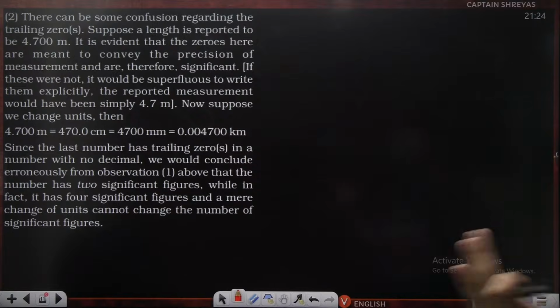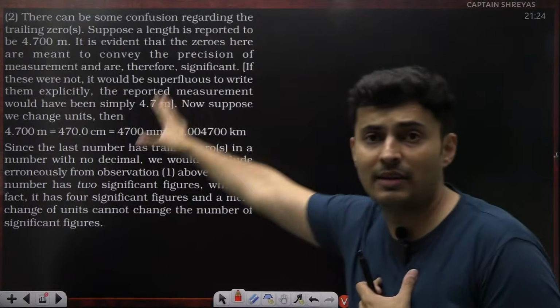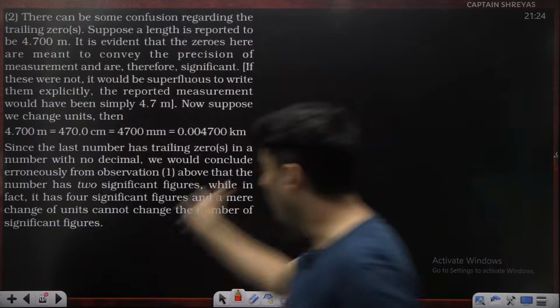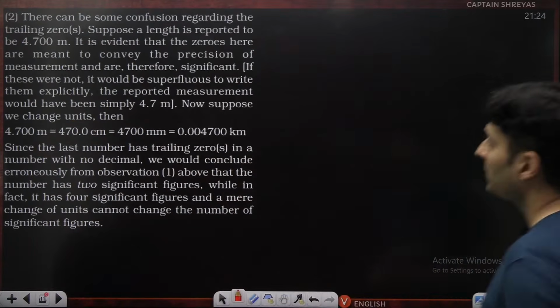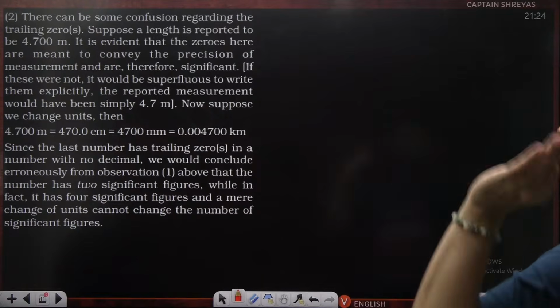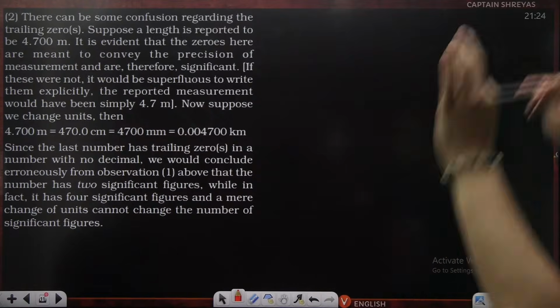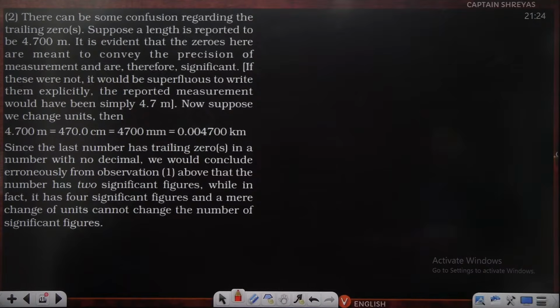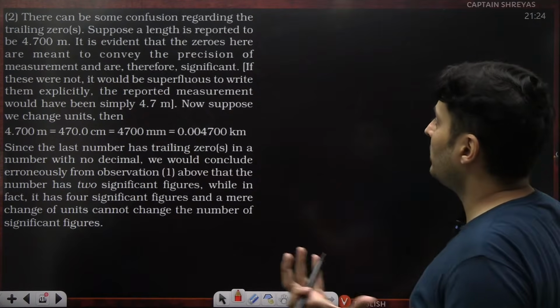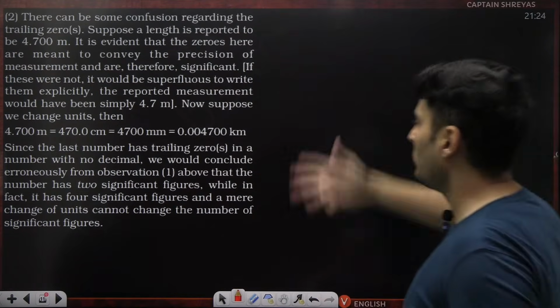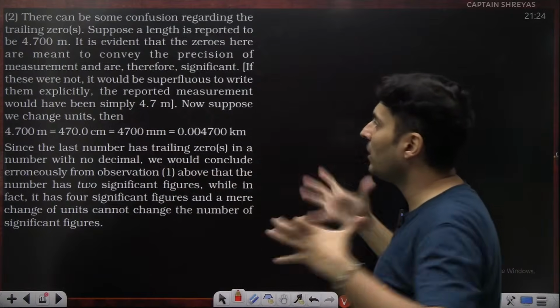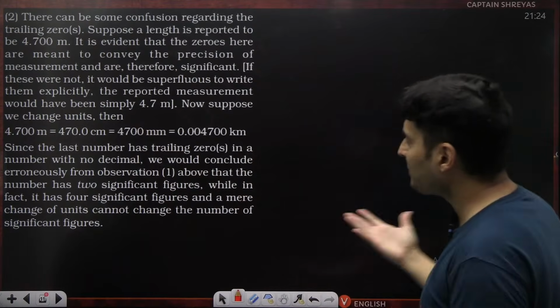Suppose the length is reported to be 4.70 meters. The reason why I'm reading all this is because all these three rules are related to each other and important. It is evident the zeros here are meant to convey the precision of the measurement and therefore are significant. If they were not, it would be superfluous to write them explicitly, meaning unnecessary.